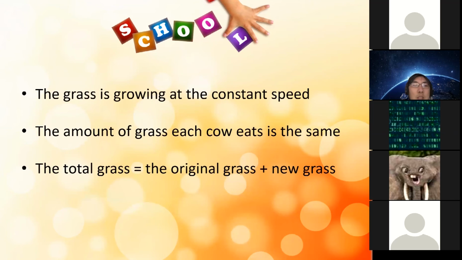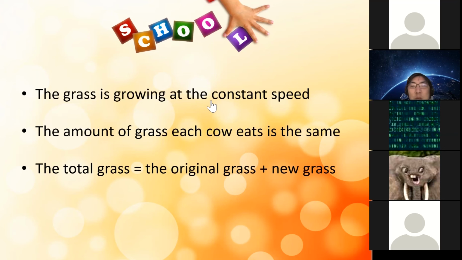Now finally, we have solved the first cattle graze problem ever. Firstly, we assume the grass is growing at a constant speed. So every day, every week, the amount of newly grown grass is the same. We don't consider the fluctuation of amount each day.